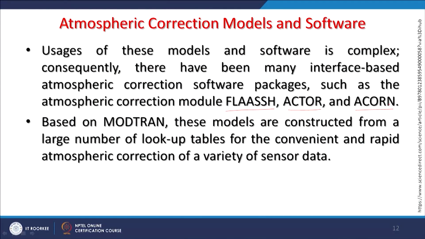Based on MODTRAN, these models are constructed from a large number of lookup tables for convenient and rapid atmospheric correction for a variety of sensors. Very briefly, we will also see what this MODTRAN is.